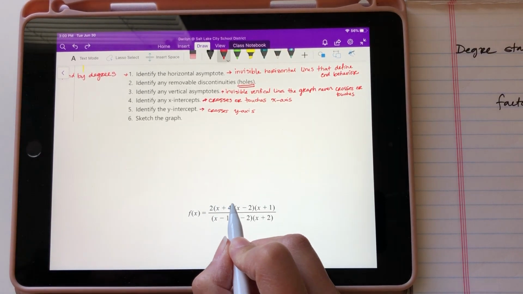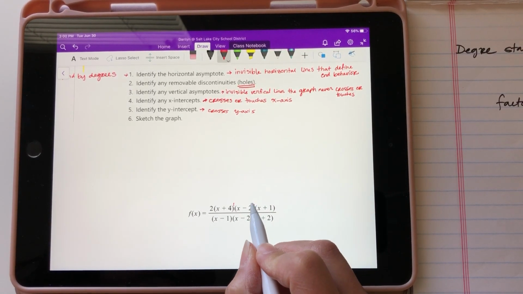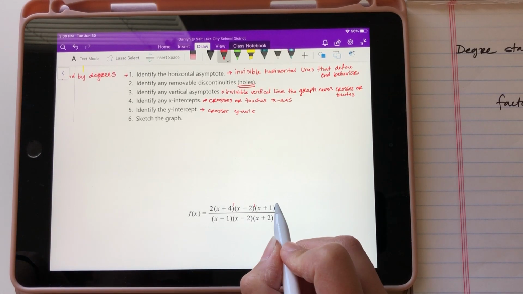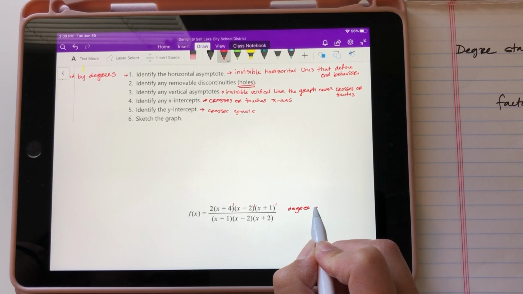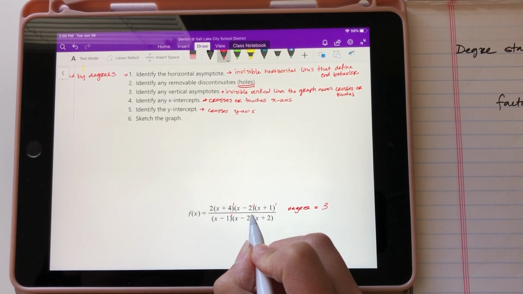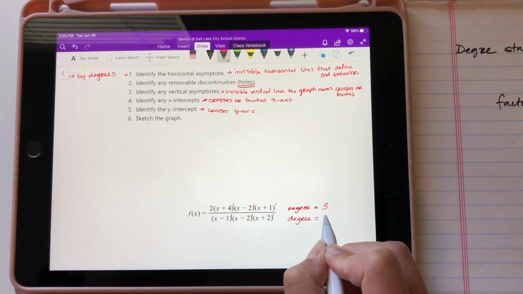So I just look at this factor, that's a 1. This factor, that's a 1. If there were an exponent there, I would count whatever the exponent is. If they don't have an exponent, it's just a 1. So the degree of this top part is simply 3. Now let's look at the bottom. Degree 1, degree 1, degree 1. The degree of the bottom there is 3.